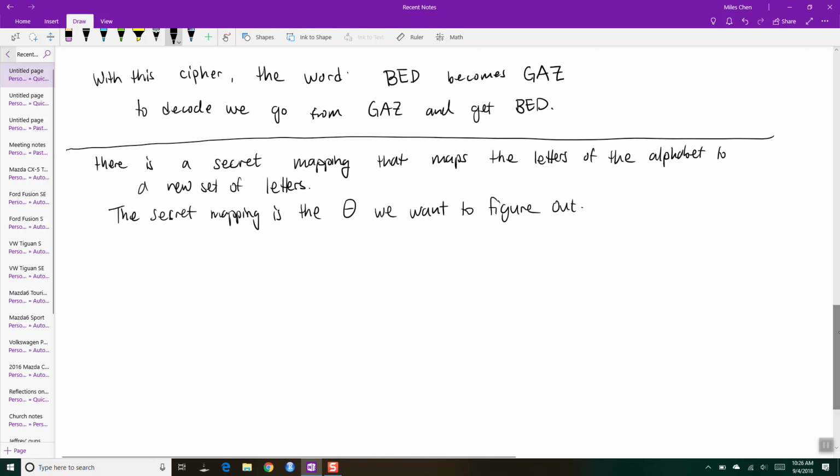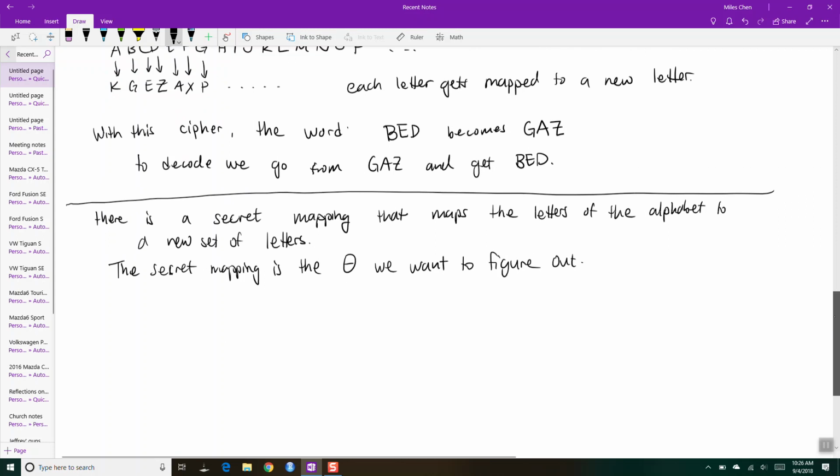And so the correct theta is one that maps GAZ back to bed, right? It's like the money is hidden under the bed or something, and you've got to figure out what it is.